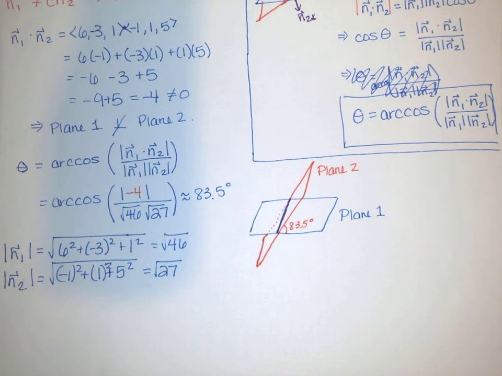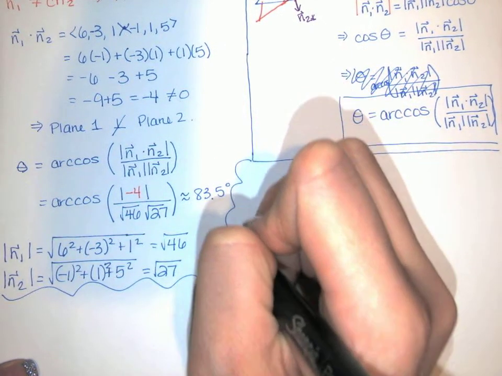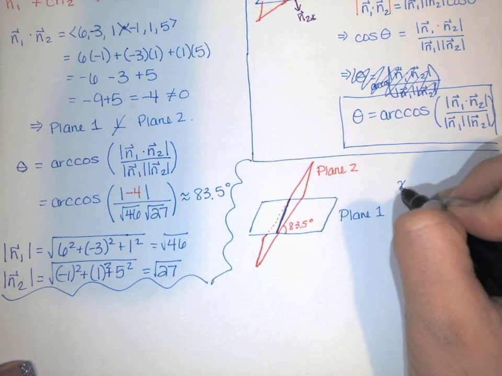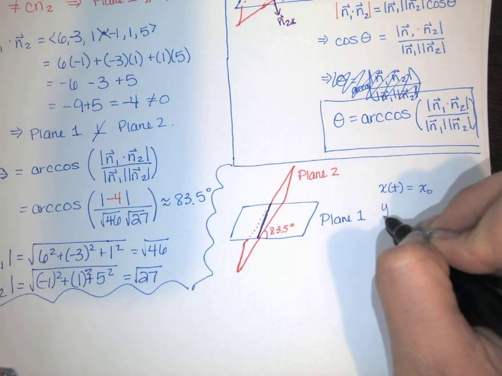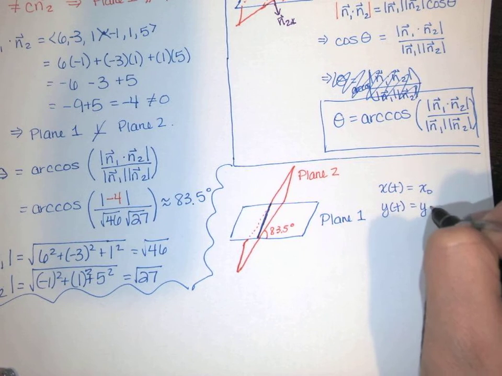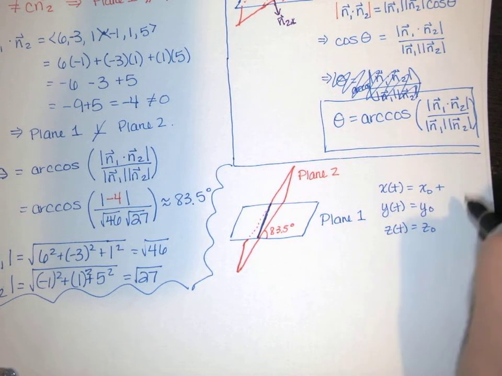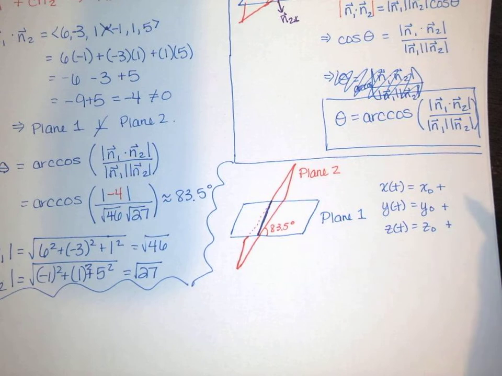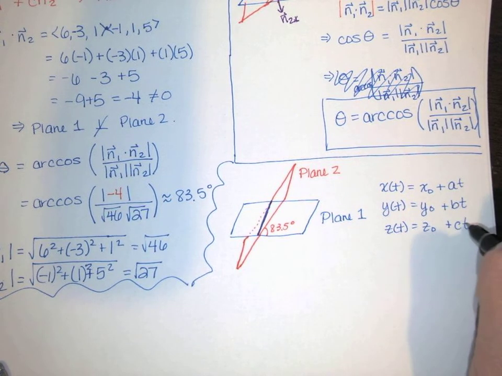Now remember what we're looking for when we're looking for the equation of a line. We want parametric equations, so I need an x0, a y0, and a z0. And if the direction vector of the line is ABC, we're going to have AT, BT, and CT.